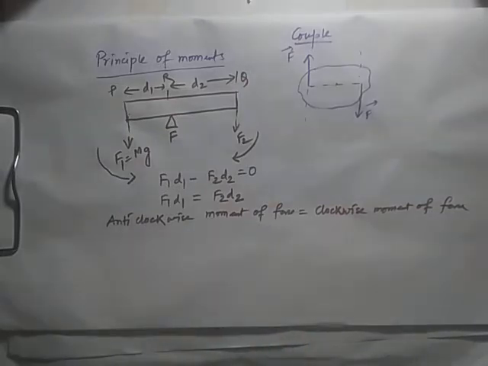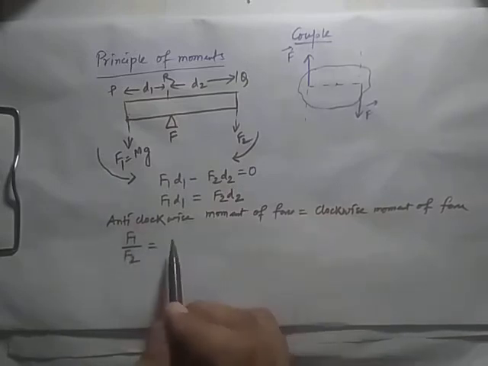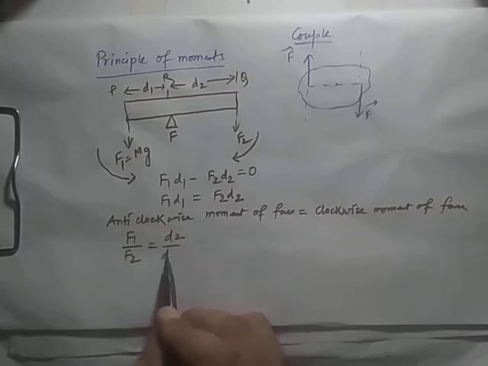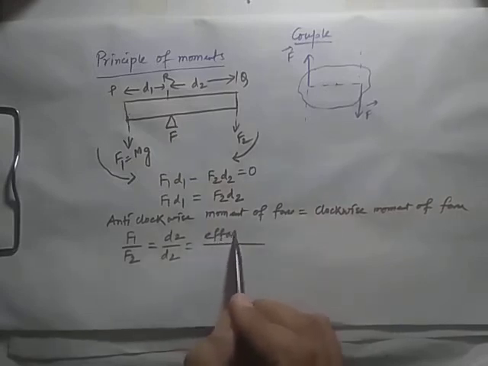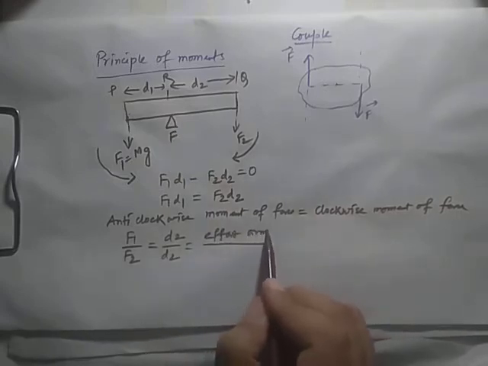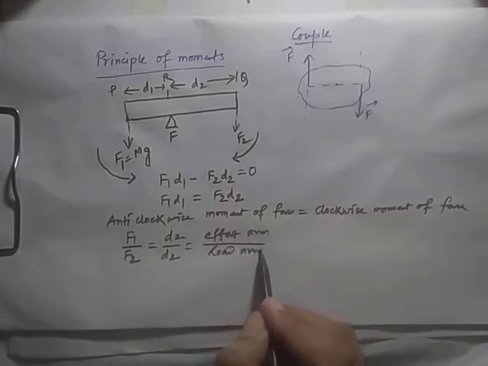Anti-clockwise moment is equal to clockwise moment. Or you can write F1 by F2 is equal to D2 by D1. It is also known as effort arm by load arm.